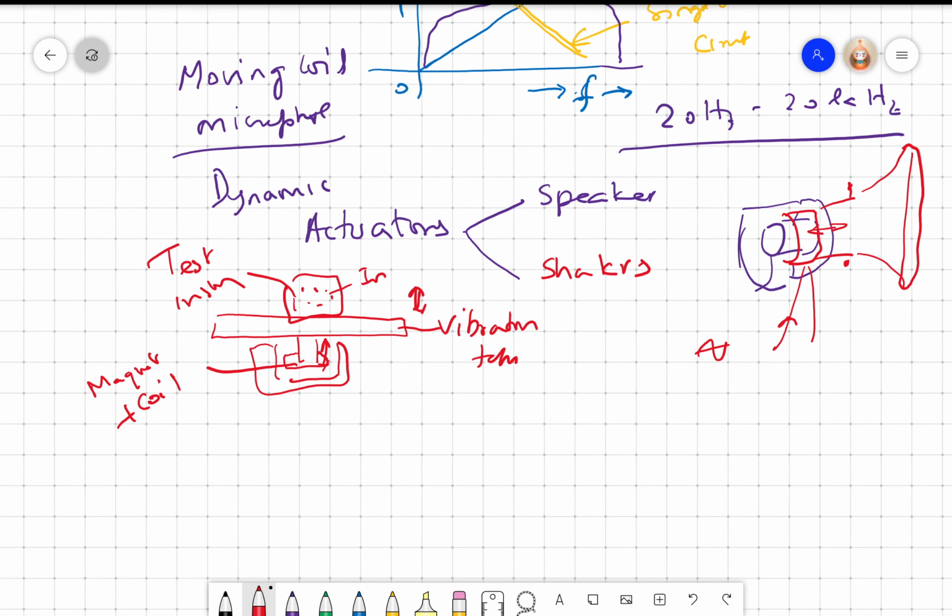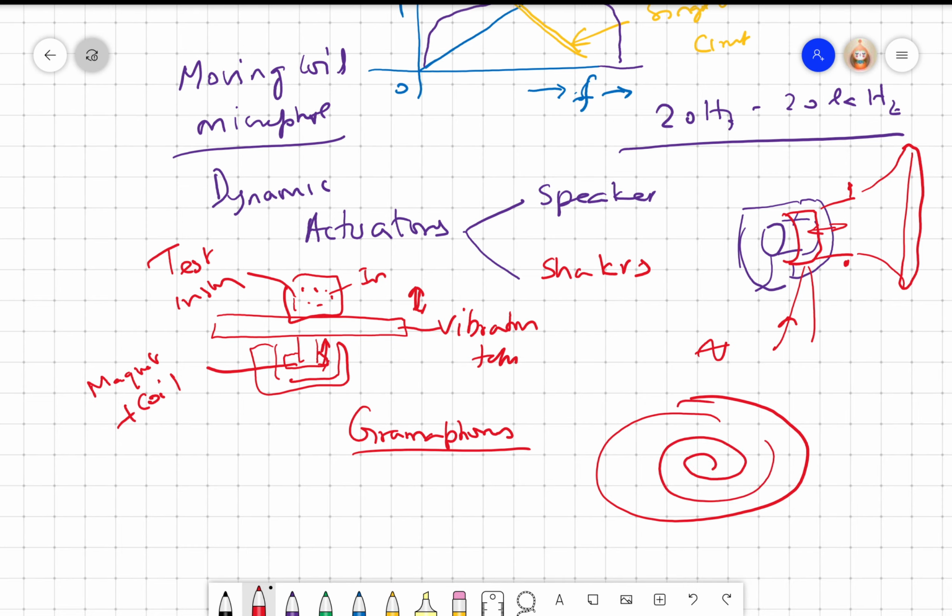For example, I don't know whether you have heard of gramophones. These are discs with grooves in a very big spiral, but very, very small grooves, right?